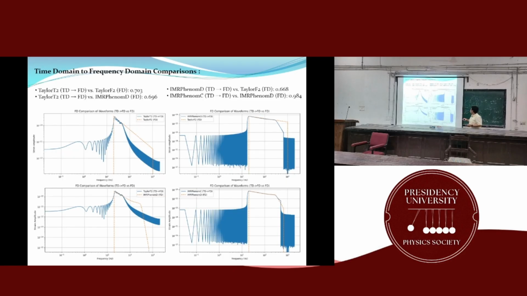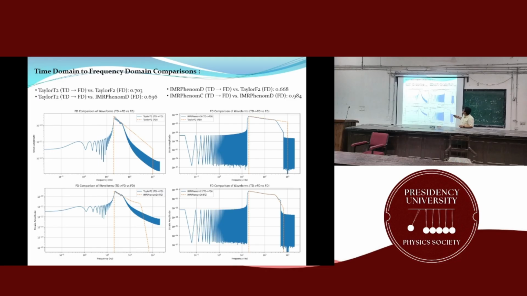We can see it here. If we compare different injection and recovery using different waveform models, you can see for Taylor the recovery injection is 0.7. For IMR, if both are IMR, it is 0.98, while the other two combinations are lower. Like here it is 0.696, and here it's 0.668.